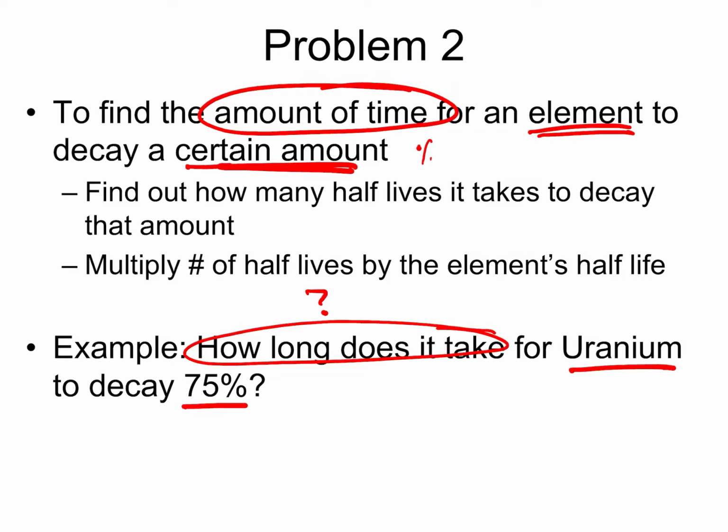All right, now, listen, in order to figure this stuff out, you have to remember that table that we practiced, okay? Parent, daughter, half-lives, right? If no half-lives have gone by, then you have 100% parent, 0% daughter. 1 half-life goes by, then you're at 50-50. 2 half-lives go by, you're at 25-75.